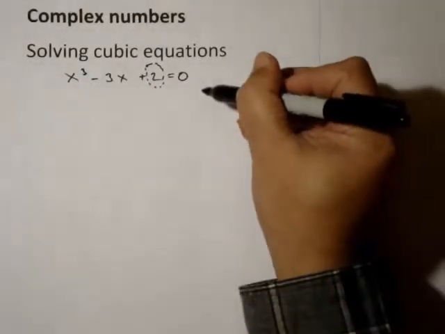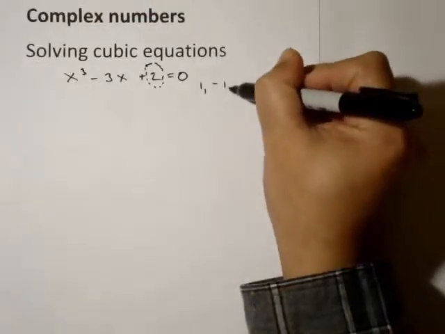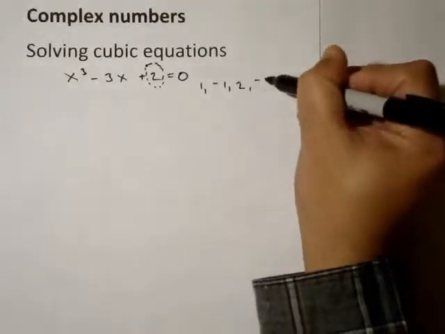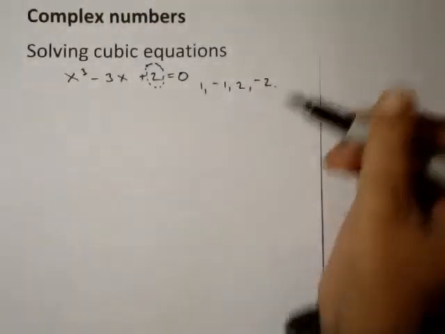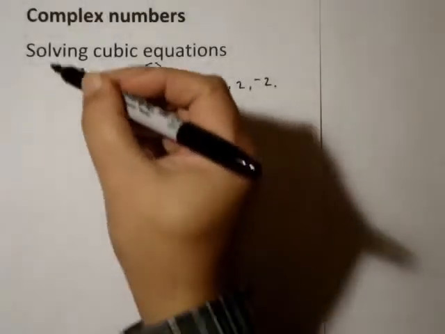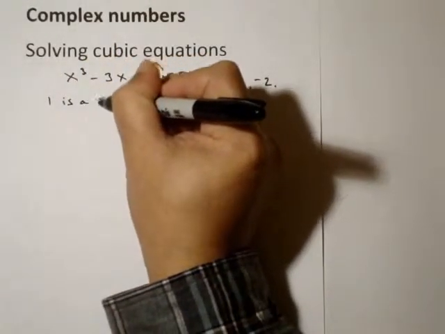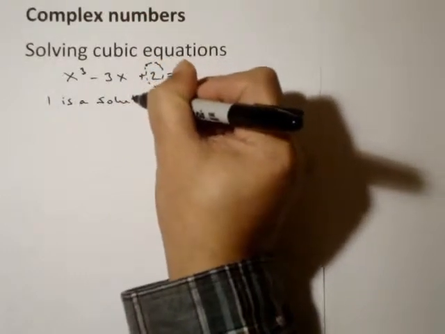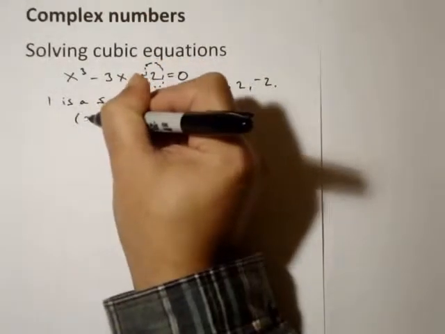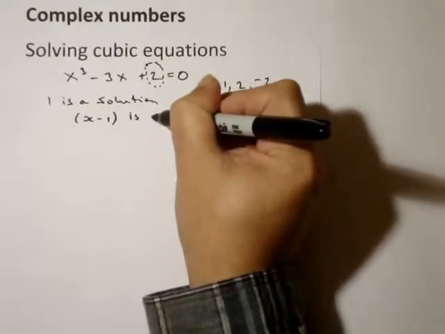We look at the factors of 2, which are 1, minus 1, 2 and minus 2, and we see when we put these into the equation which one gives us 0, and when we do that with 1 we get 1 is a solution. So therefore x minus 1 is a factor.